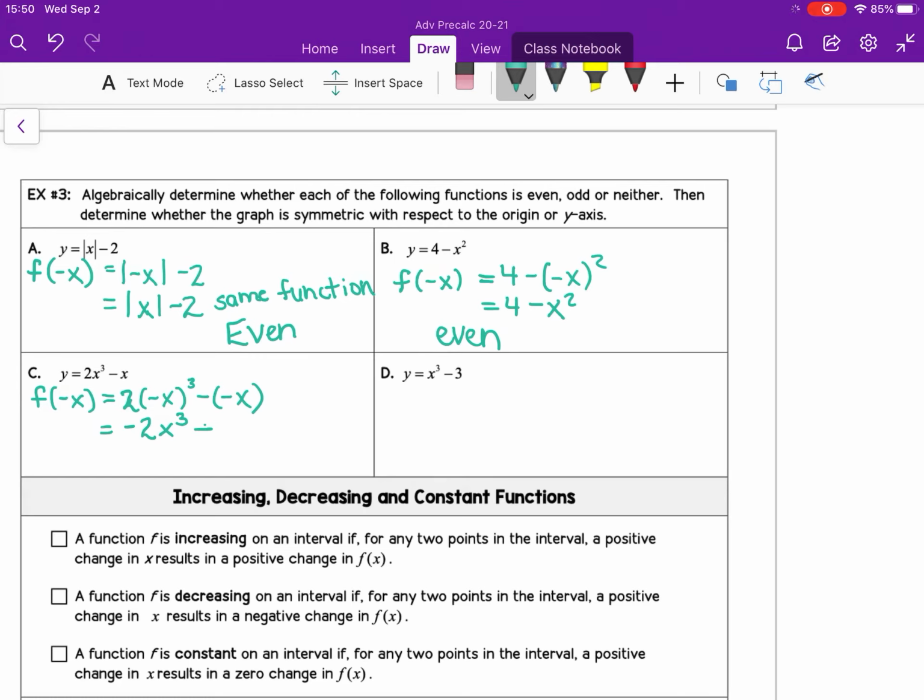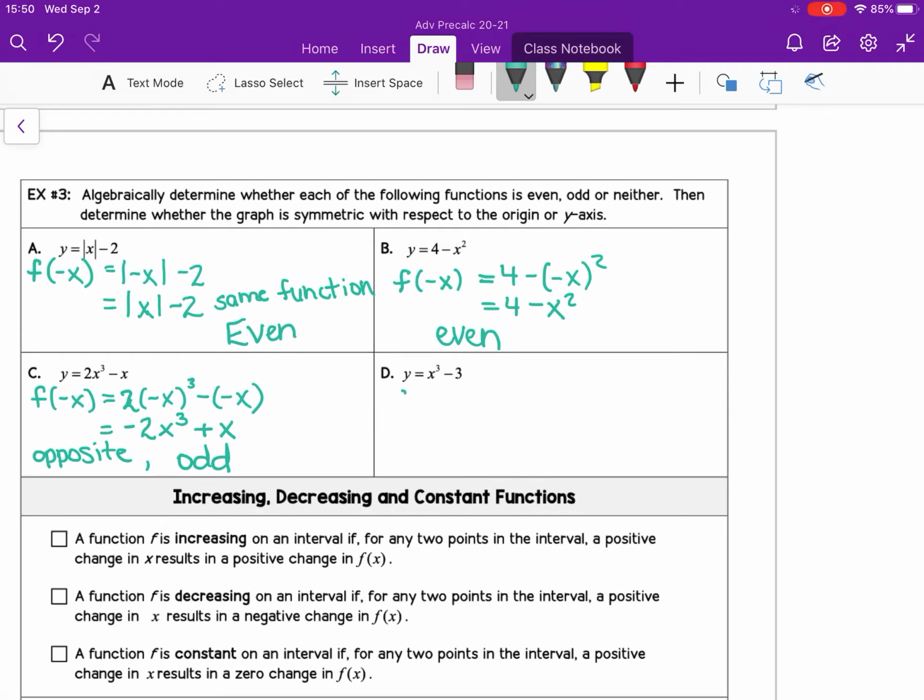Same idea here, a negative times a negative is positive, so that's positive x. This is the complete opposite. Signs and everything are opposite of the original function. Therefore, it is odd.